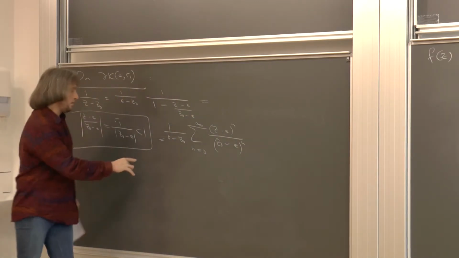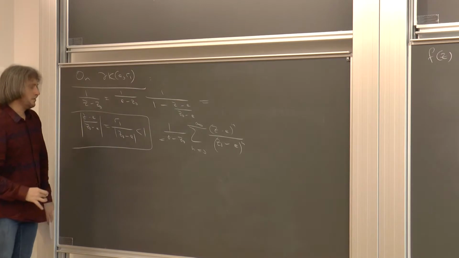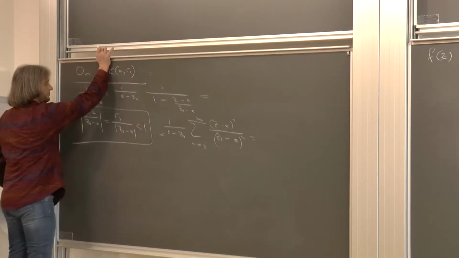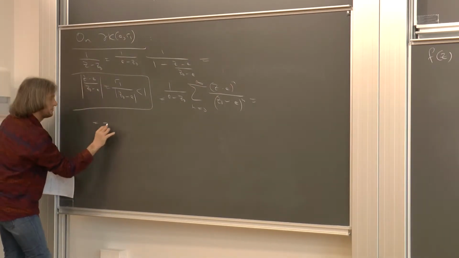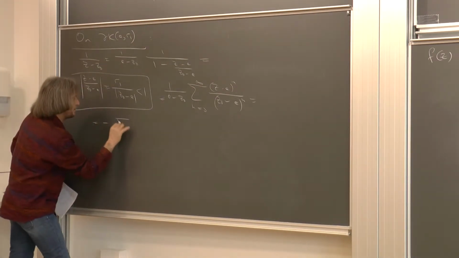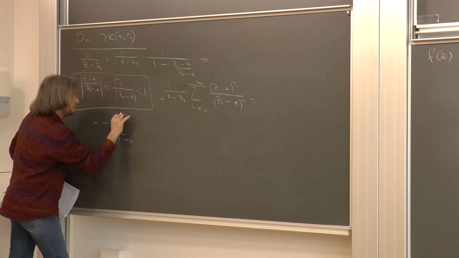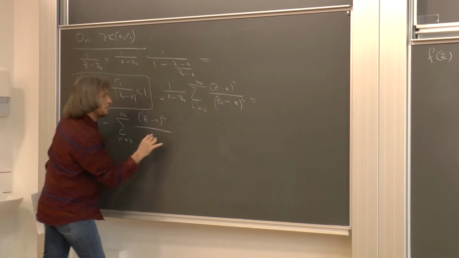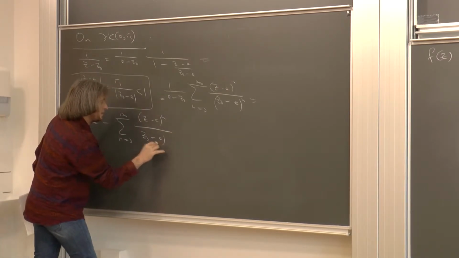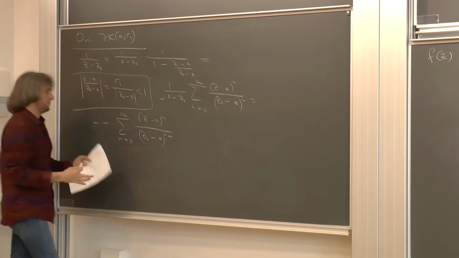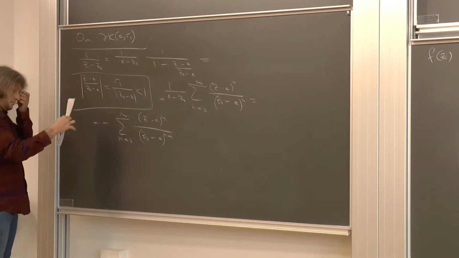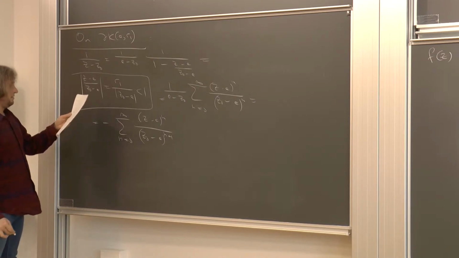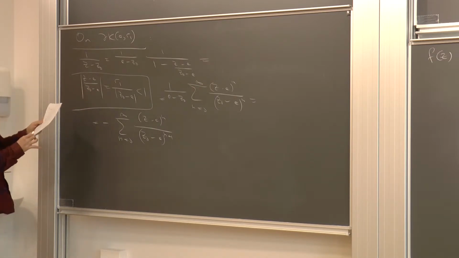And now, because of this, we have different sign, which actually is good. Equals minus sum n equals 0 to infinity of (z minus a) to the n over (z naught minus a) to n plus 1. Very good.